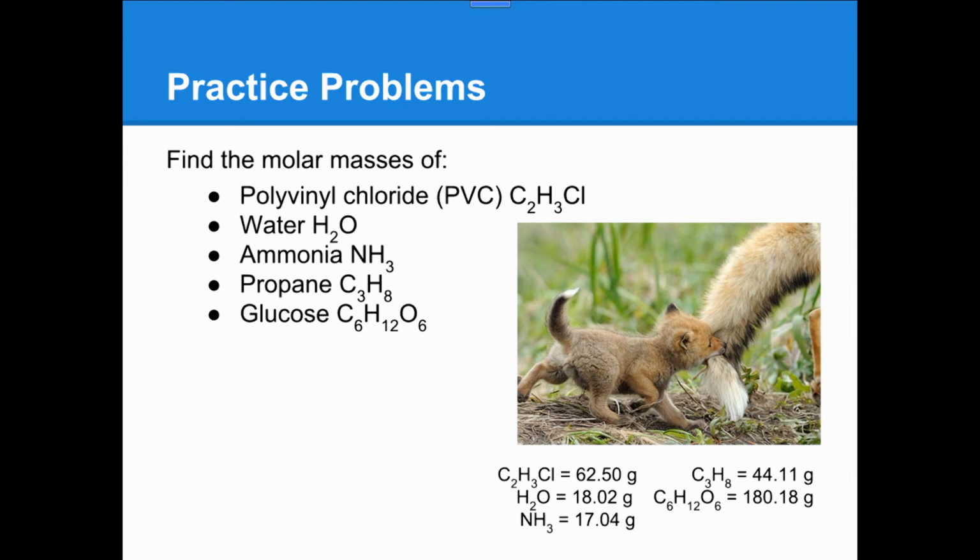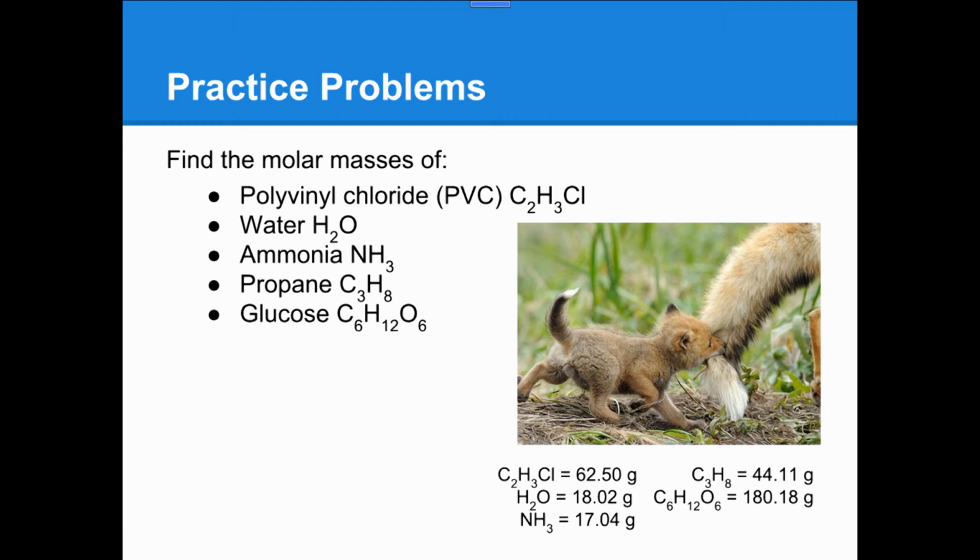Okay, so hopefully everyone's had time to work with their table partners and figure out the molar masses of each of these chemical compounds. If you look under the picture there, you'll see the answers to these. I'm just going to talk you through what you should have done to get these answers. For the polyvinyl chloride, you should have added the 2 carbons, 3 hydrogens, and 1 chlorine together to get 62.50.